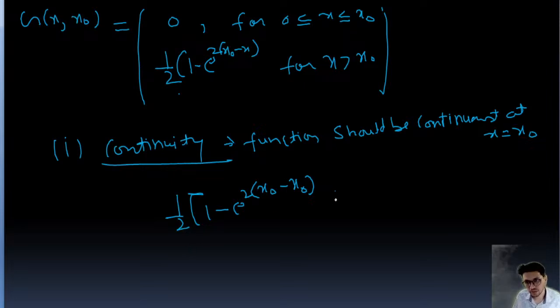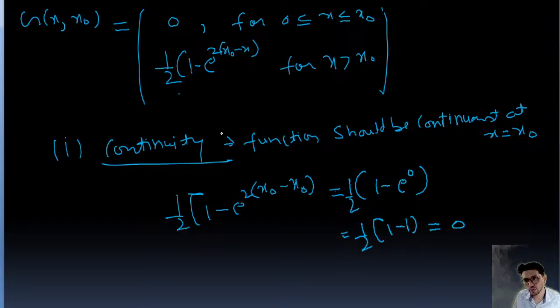This is going to be 1 by 2 and e to the power x naught minus x naught, which means 0. So this is 1 by 2 into 1 minus e to the power 0, which is 1 by 2 into 1 minus 1. The value of e to the power 0 is 1, so 1 minus 1 is 0.